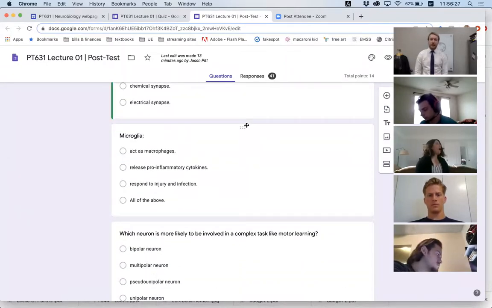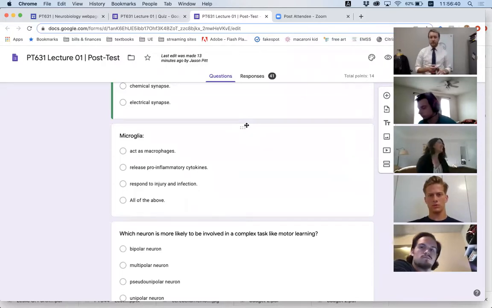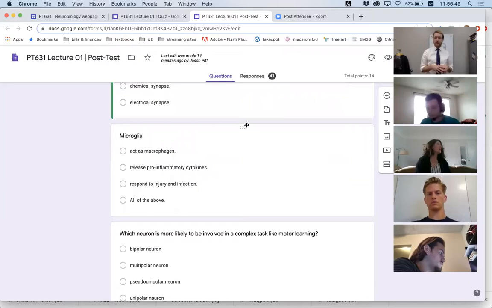Okay, microglia. We've heard of these before, last semester. You're not allowed to forget last semester, so you've got to remember microglia. Are they going to act as macrophages? Absolutely. They're going to engulf stuff, whether it be a bit of cell debris or some foreign invader. They're going to eat it. Are they going to release pro-inflammatory cytokines?